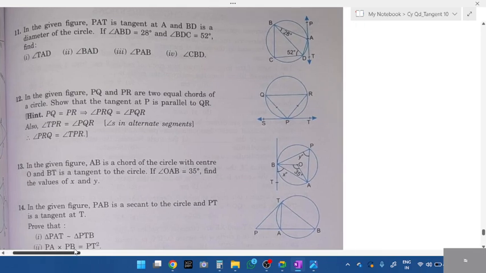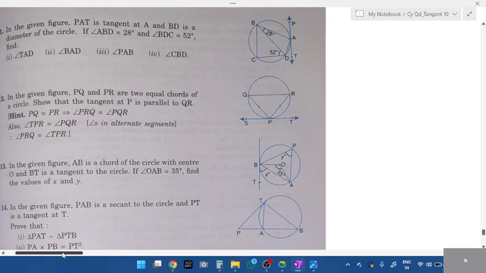Let us do this 13th question. You'll have an idea what alternate segment is. AB is a chord, AOB is 35.